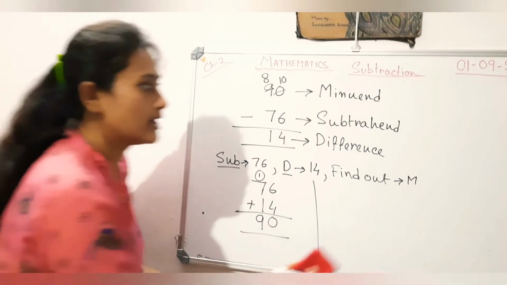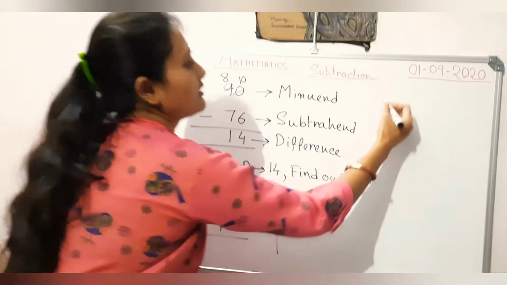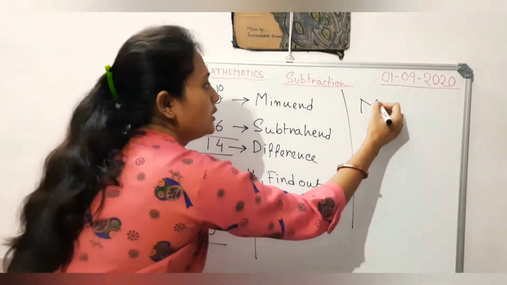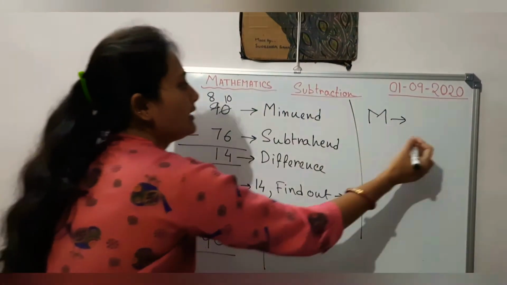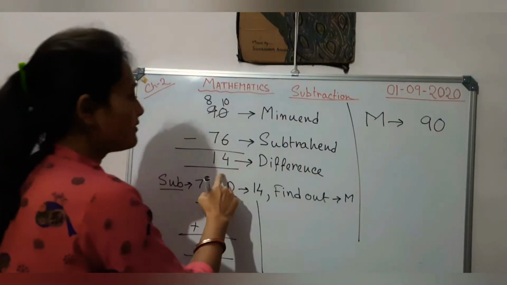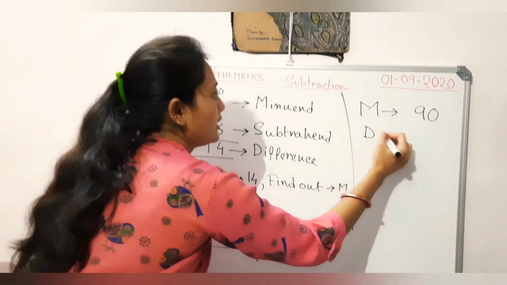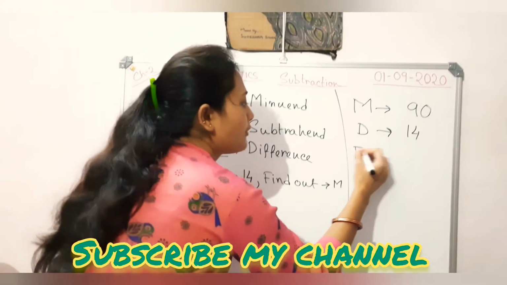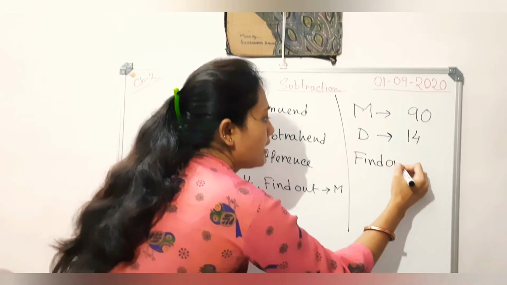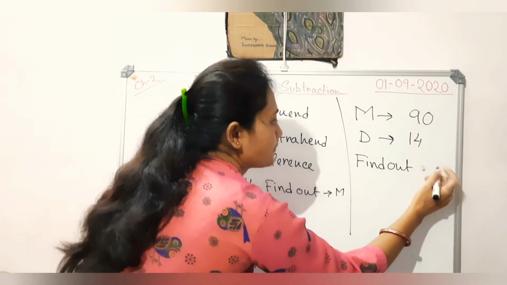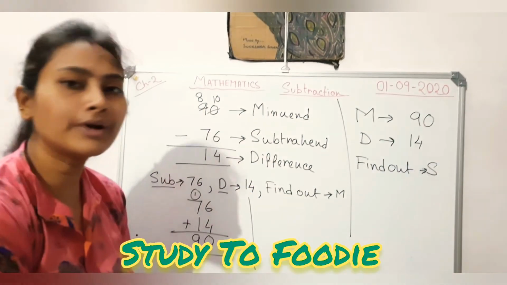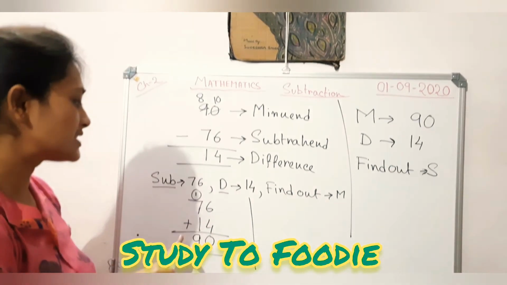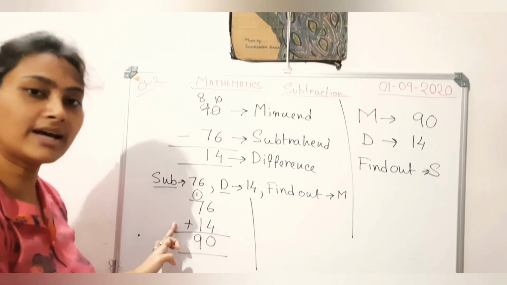Now, in your question, the minuend is given. The minuend is given, that is 90, and you have the difference, that is 14. You don't know the subtrahend. You have to find out the subtrahend. How can you do it, students? Previously we did addition.